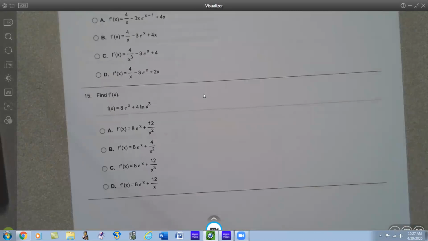Won't y'all try to get the derivative of that, and I'll get it, and we'll see if we're okay.